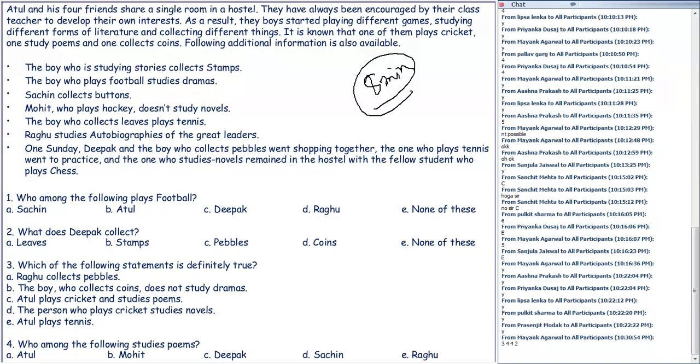Okay, done all of you. Mayank is saying 3442. What about the others? Should we start? 8 minutes, 9 minutes have passed.